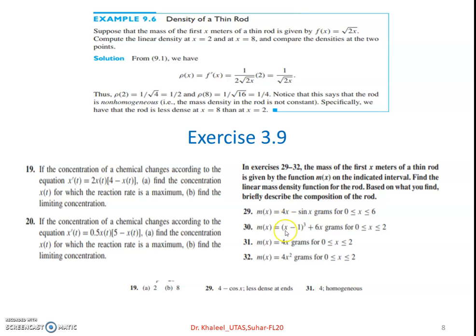Here are the examples on this, example 9.6. The only thing you need to conclude is whether the rod or whatever is given here is homogeneous or not. The answers for 29 and 31 are given here. Please check the answers.